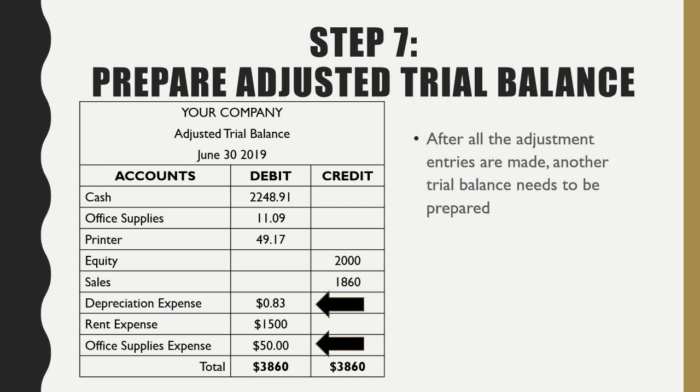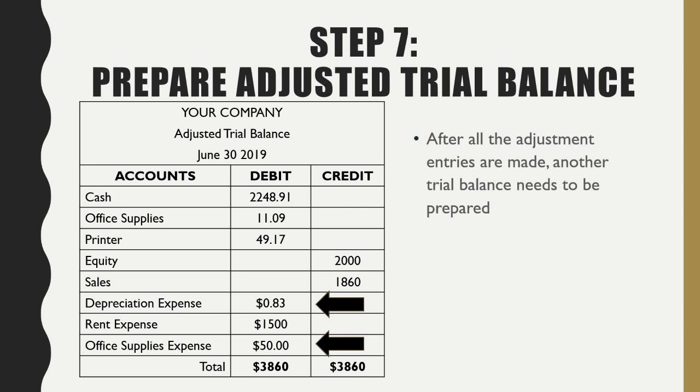So again, this part is the tedious part, but this is the part where everything starts piecing together. Once we've completed our adjustment entries, we need to make sure that we properly took out the debits and credits and placed them in the correct account.